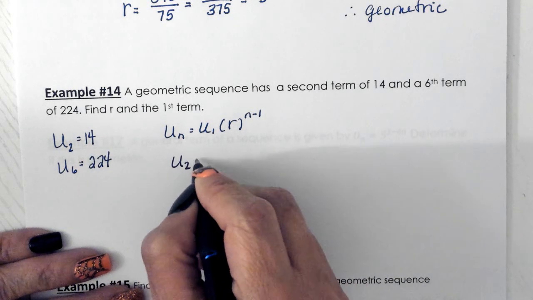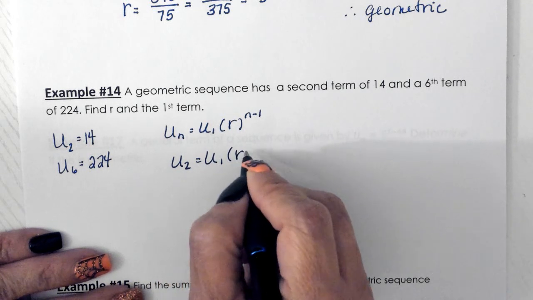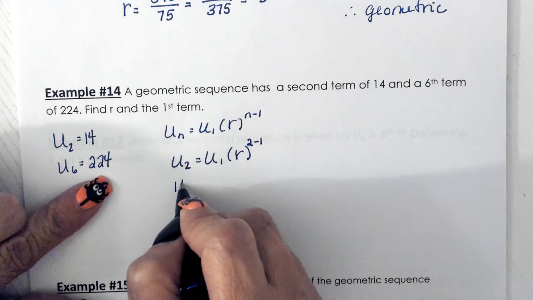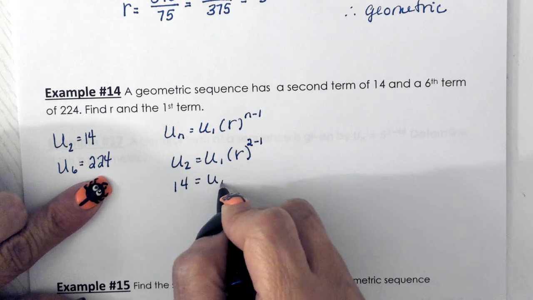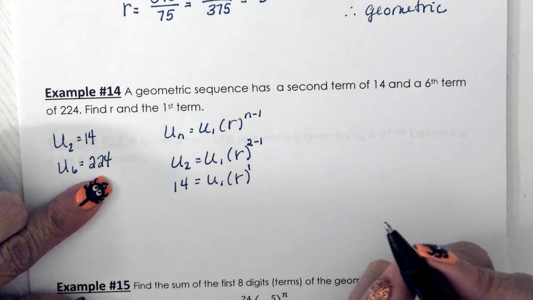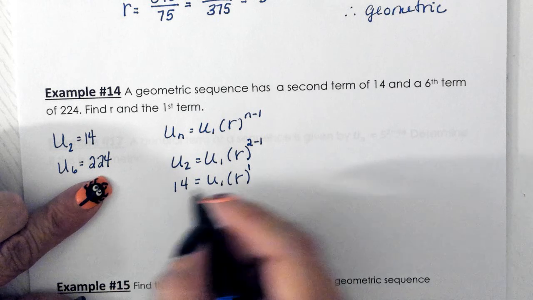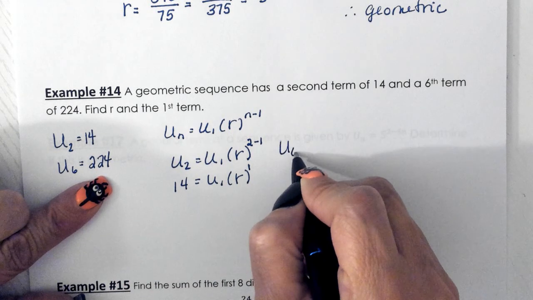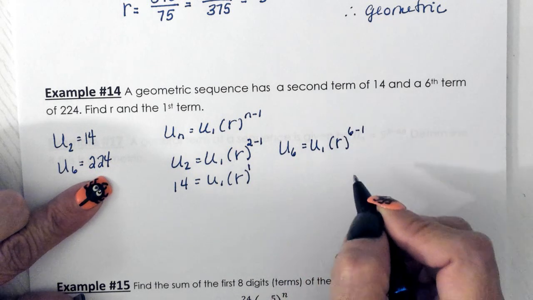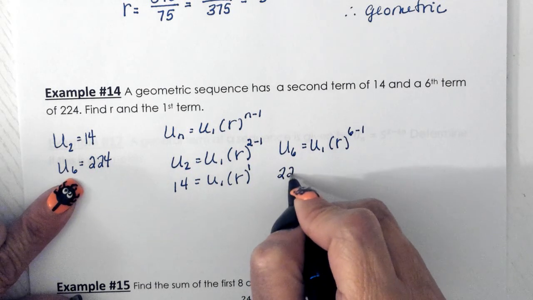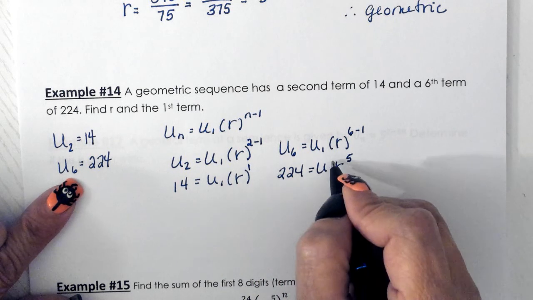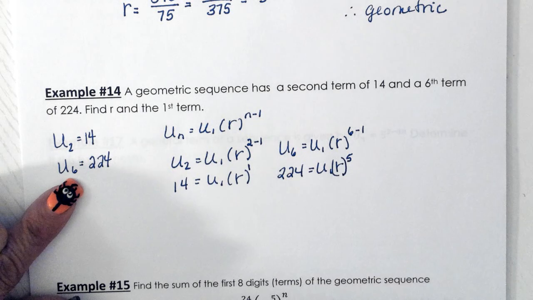So u sub 2 would be u sub 1 times r to the 2 minus 1, right? U sub 2 is 14, equals u sub 1 times r to the first power. And then let's do u sub 6. U sub 6 would be u sub 1 times r to the 6 minus 1. And since I know u6, I could say 224 equals u sub 1 times r to the 5th. I'm going to put parentheses around that.